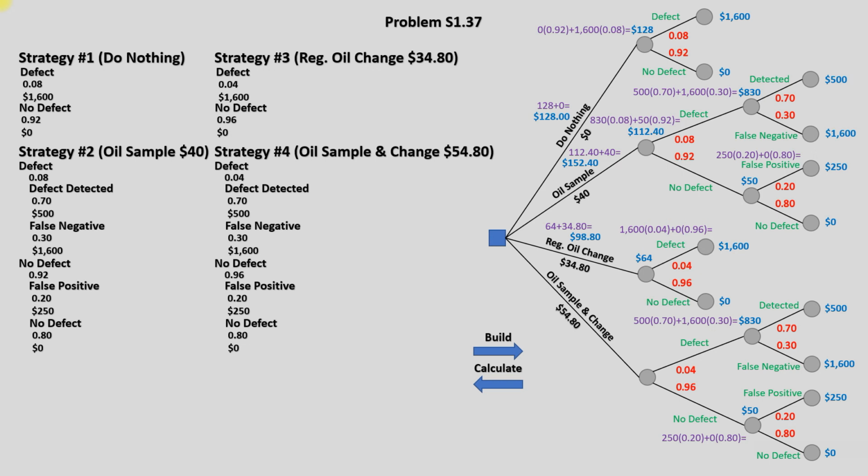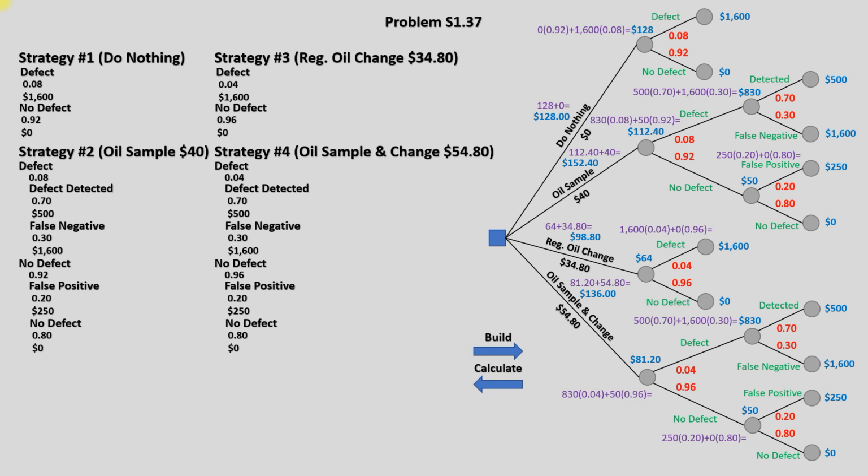We're going to multiply the $830 times the 0.04, and we're going to add that to the $50 times the 0.96, which gives $81.20. How much does strategy 4 cost us? Strategy 4 will cost us the $81.20 plus $54.80, which is $136.